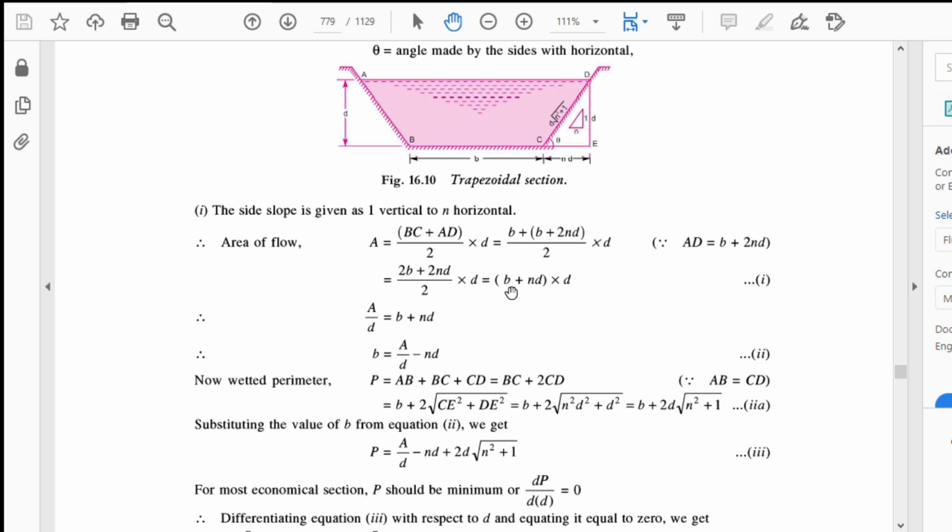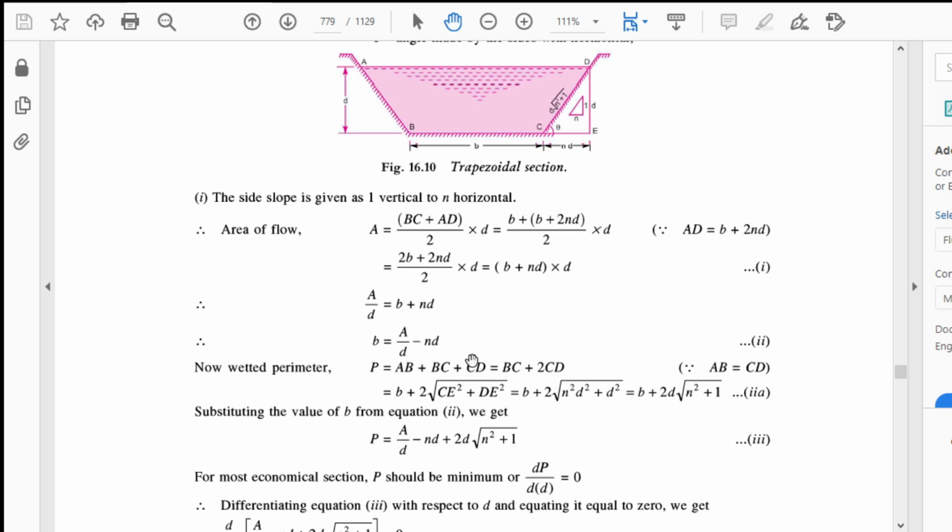Area is D in bracket B plus ND. So by using this equation you can find the B value in terms of D: B equals A by D minus ND.